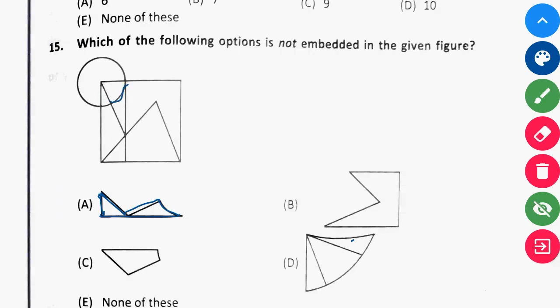Is there? This, this, and this. Yes, this is there. A is there. Okay. Now think of this. Yes, it is also there. B is also there. Now think of this option.